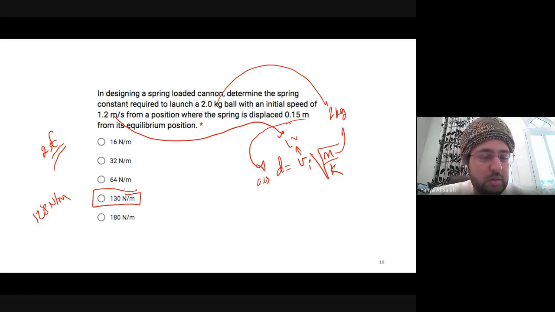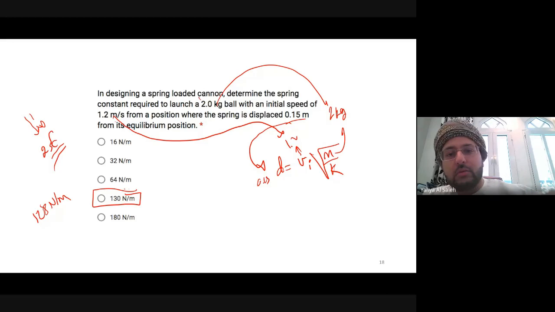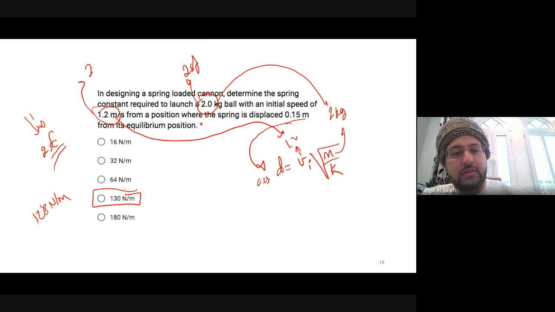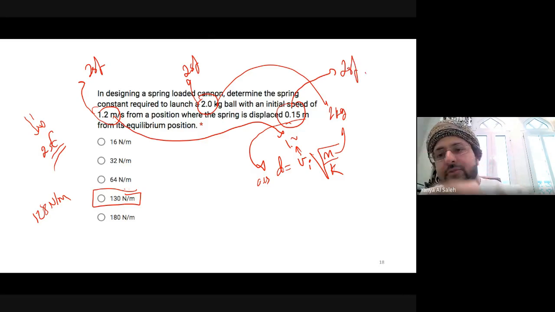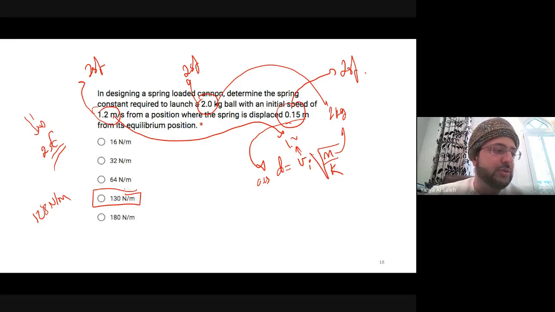Well, I said to 2 SF, so 128 becomes 130. Because this is 2 SF, this is 2 SF, this is also 2 SF, so your final answer can only be given to two significant figures.